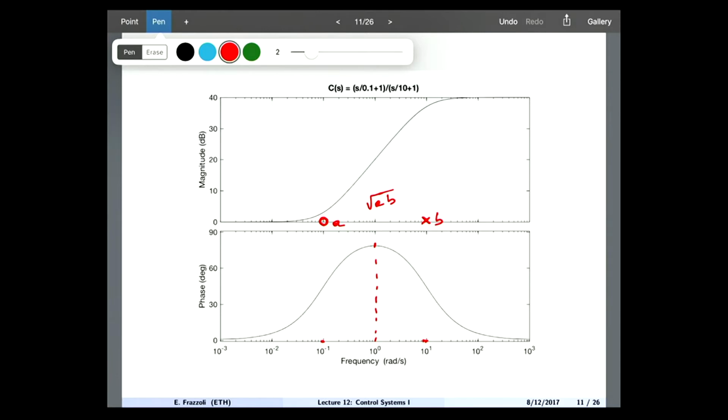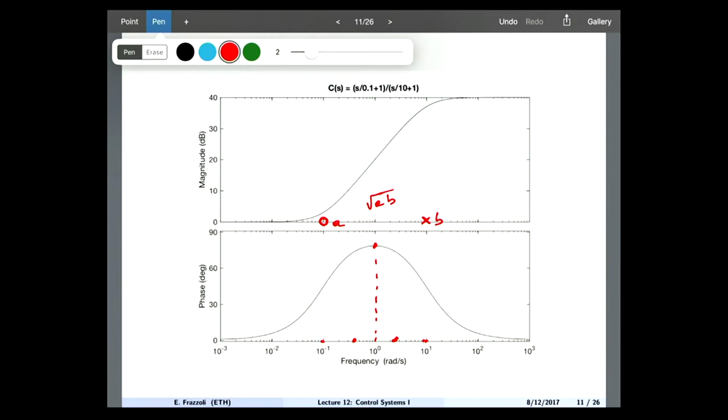Now, something that you can imagine is that the maximum phase lead that you have at this point occurs at the geometric mean, right? But it also depends on how far A and B are, right? For example, if I had A here and B here, so what would the, I don't want to make this too complicated.